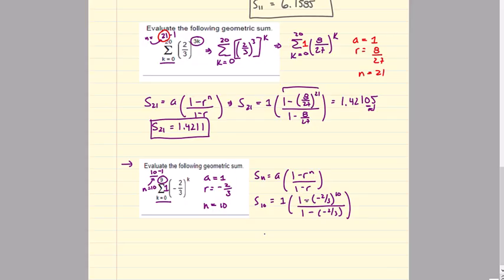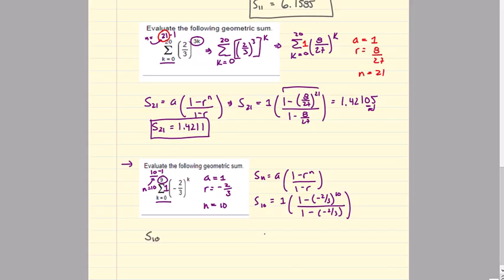Now one mistake I don't want you to make, down here in the denominator, a negative times a negative is a positive, but up in the numerator I can't say that because this negative is raised to the 10th power and exponents take priority when I'm simplifying these. So be careful how you're working with your arithmetic here.